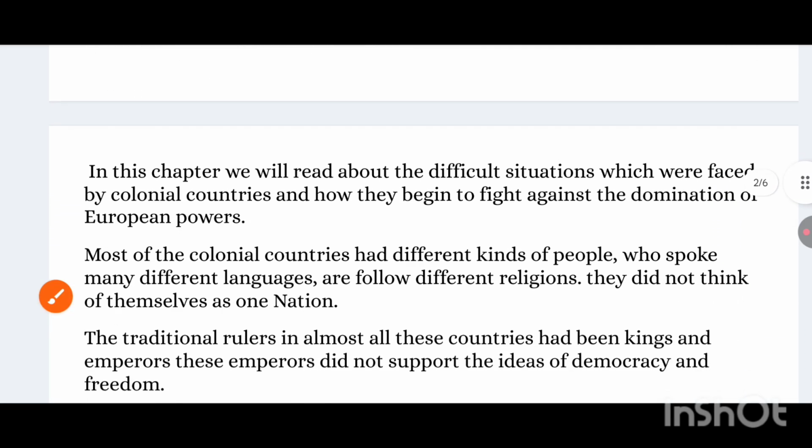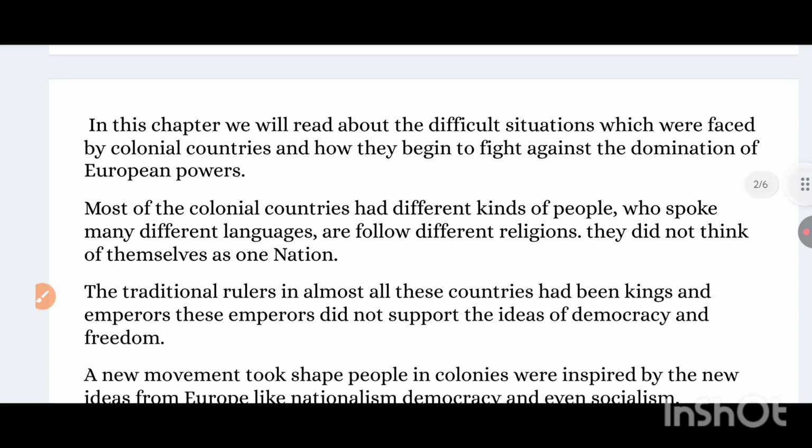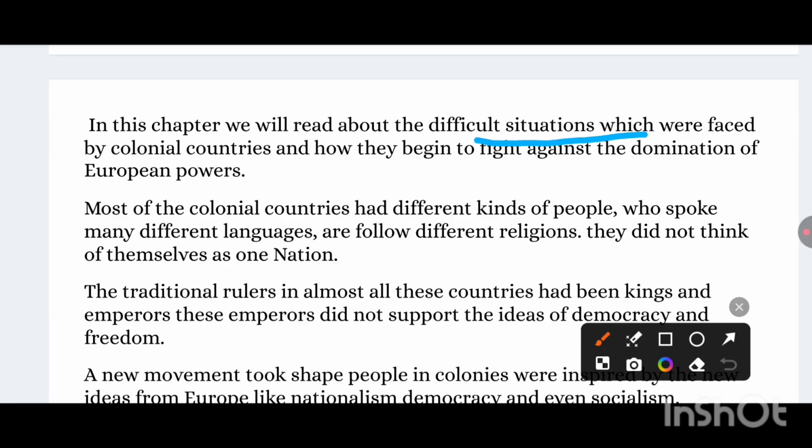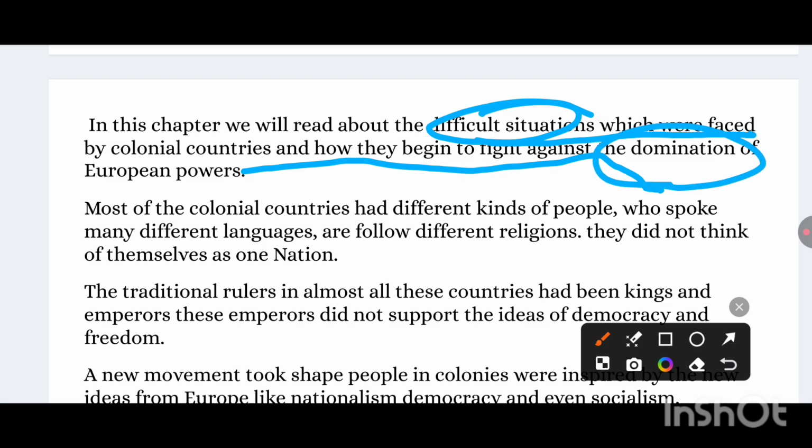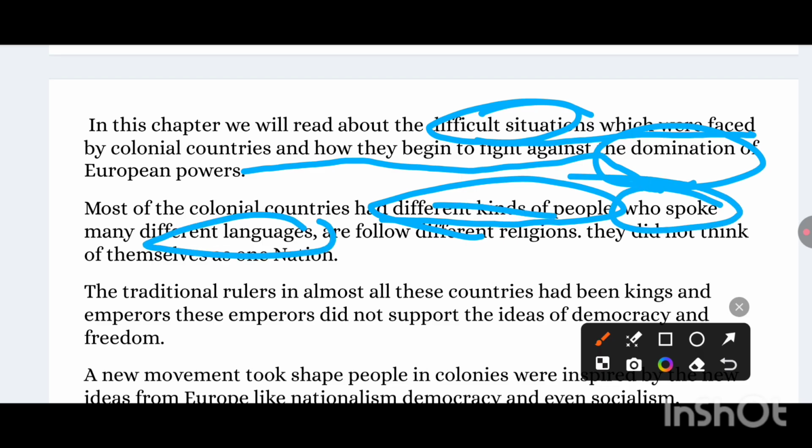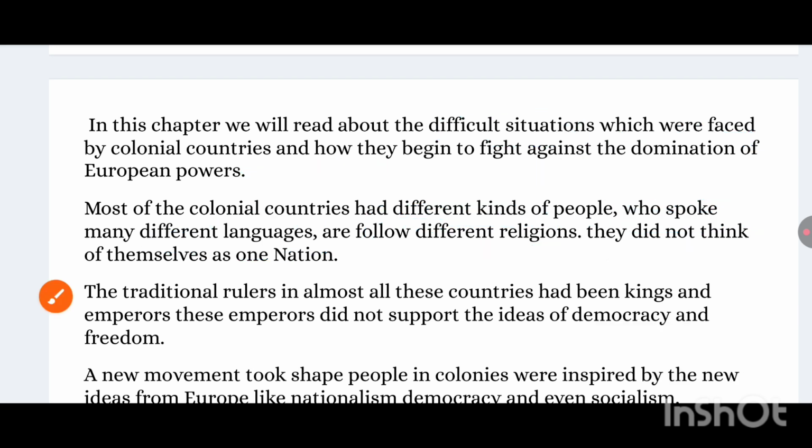In this chapter we will read about how the colonial countries, the Asian and African countries, faced so many difficult situations and struggles under the domination of European powers. The people of colonial countries were different kinds of people.